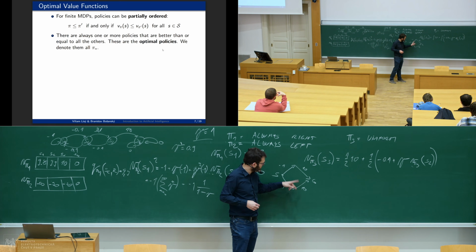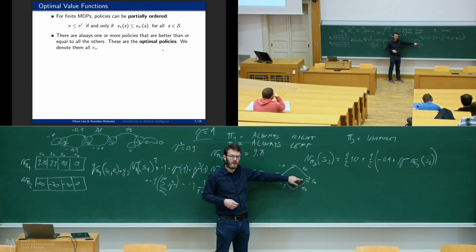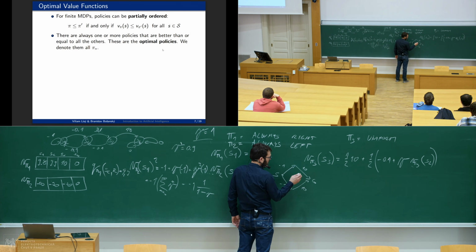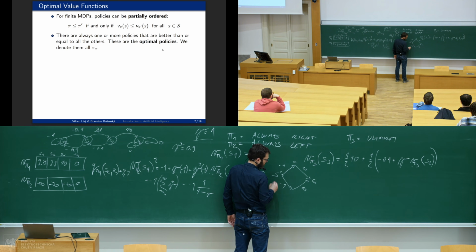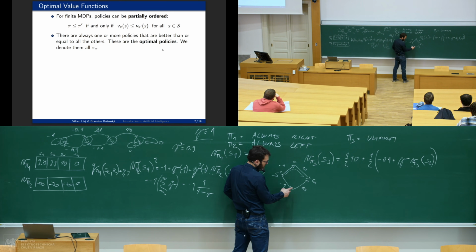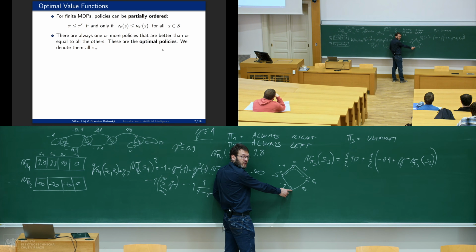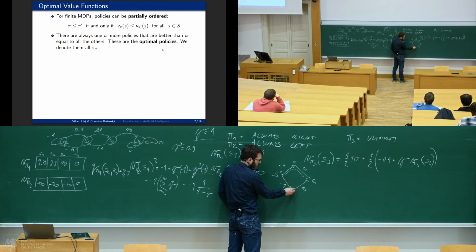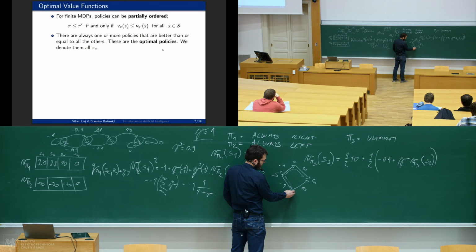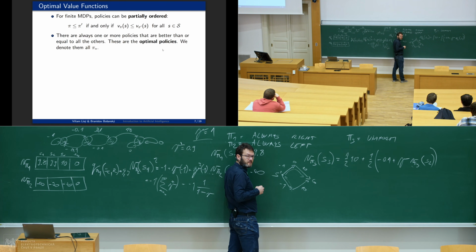So here, if we have these two policies, one goes up and one goes down, the value function here would be 10, for here it would be 9, right? If we go this way, here it's a little undefined, right? Here it depends whether you would go this way with your policy. Then it wouldn't be the optimal policy, right?